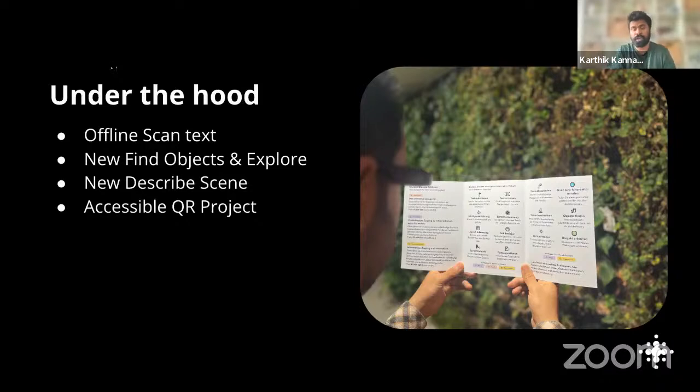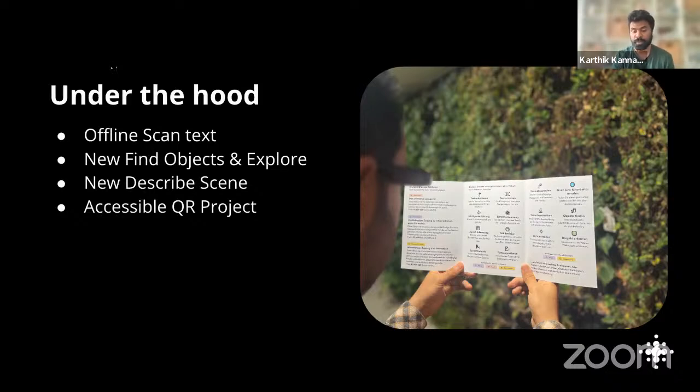The third feature that we are planning on launching is a revamped Describe Scene. Again, a big ask from a lot of y'all has been to provide captions with a lot more detail, and that's what we've been working on.